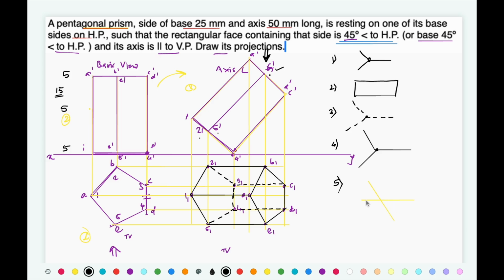So if there is a crossing of two lines, then out of those two lines, one of the lines is going to be visible, whereas the other one is going to be invisible. Two visible lines never cross each other, and two hidden lines never cross each other. So this rule we have already satisfied over here. This 3 4 is a dotted line, and the other crossing line 1₁A₁ is a visible line. So you can see that rule over here. So this is going to be the solution.